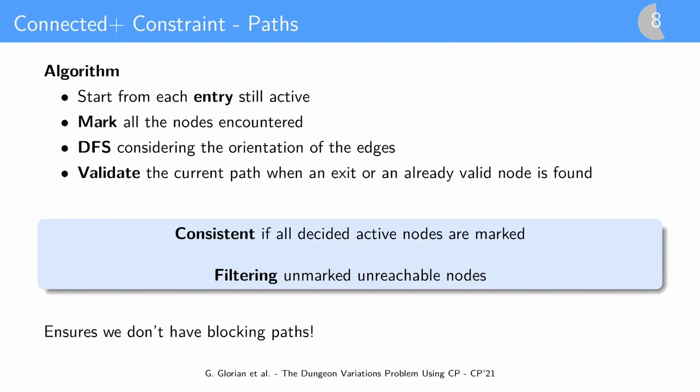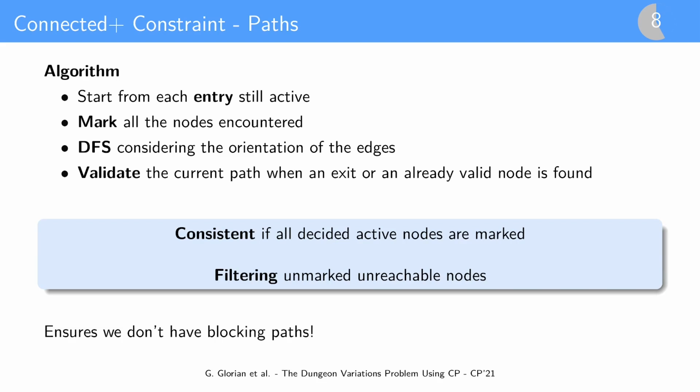When handling a node in order to validate a path, we need to check if the node is an exit or belongs to an already validated path. If this is the case, we can validate the path used to get to the current node. The search is not stopped when a path is found valid. Indeed, we do not only want to check if the exits are attainable, but to validate every accessible node.